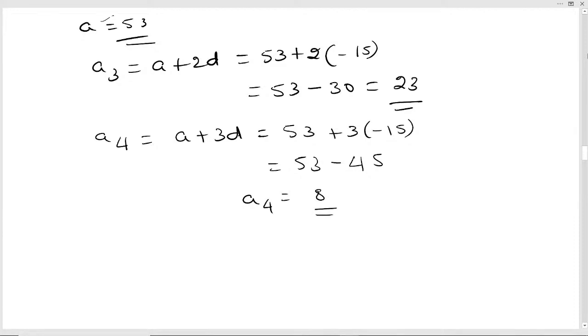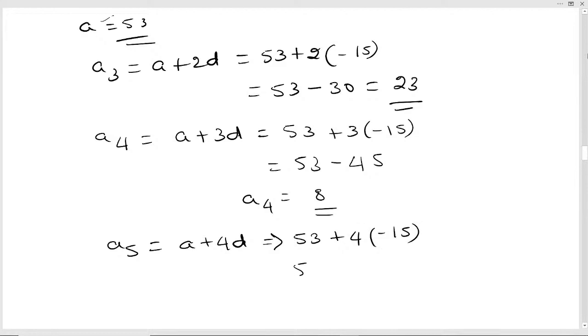Now lastly we need to find the fifth term because they are asking the fifth term also. So the fifth term formula will be a plus 4d, correct? So that will be equal to the a value 53 plus 4 into d, which is minus 15.